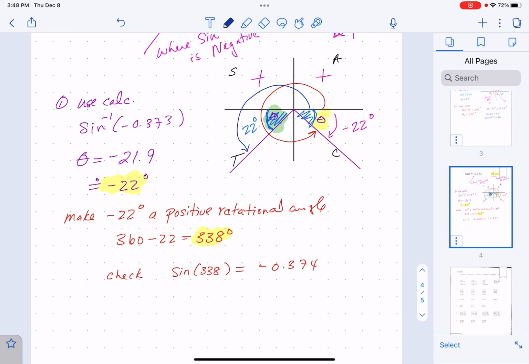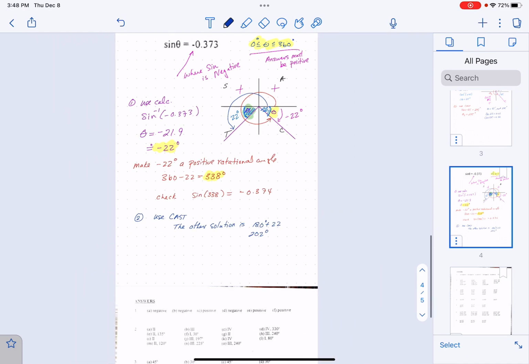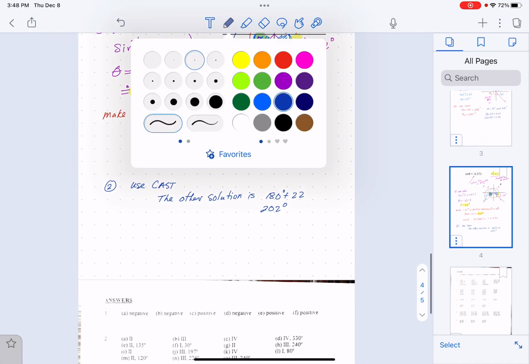So that'll be 180 plus 22. So use CAST. And the other solution is 180 degrees plus 22, which is 202 degrees.